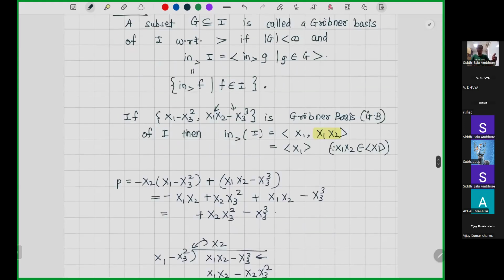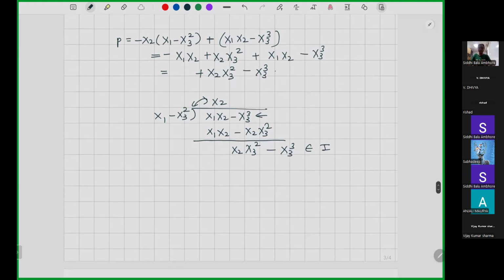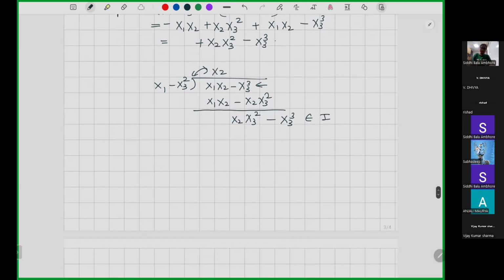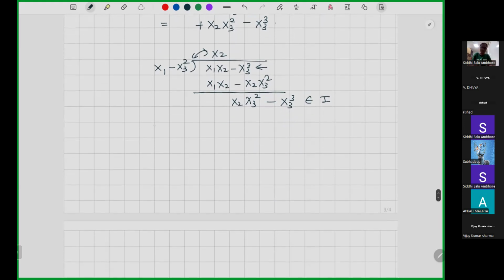Okay, because anyway we are working over a field, so we have -1 in there, so minus doesn't play much role here. But now we have this element which is now part of my ideal I, with the initial term of this. So these are two terms with degree 3, and we are in lexicographic order.